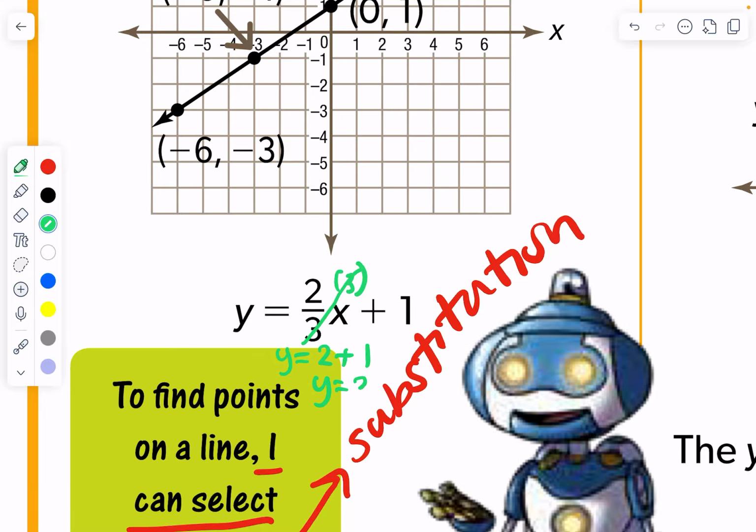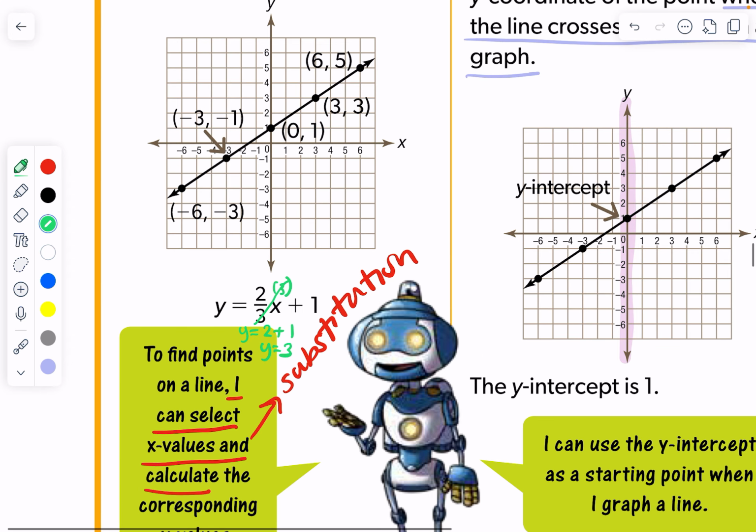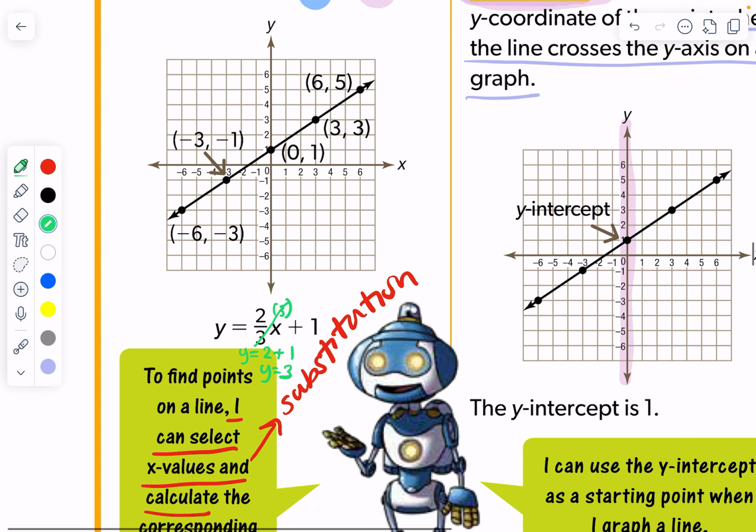Y is equal to 3. So once I plugged in 3 for my x, my y was also 3. So I would have my ordered pair as 3, 3. So there would be a point right here.